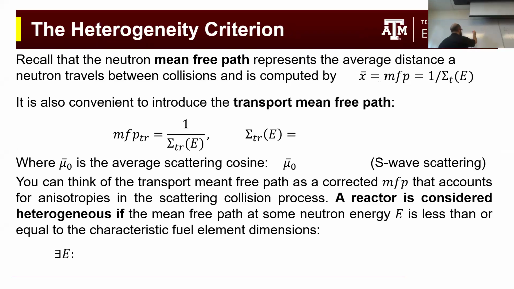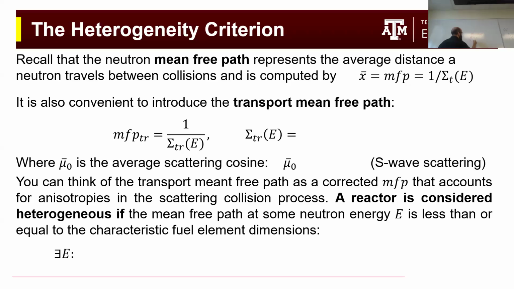So let's just say as an example that sigma total is 10 centimeters to the minus 1. And let's assume that mu 0 bar, let's just make it easy, is 1.